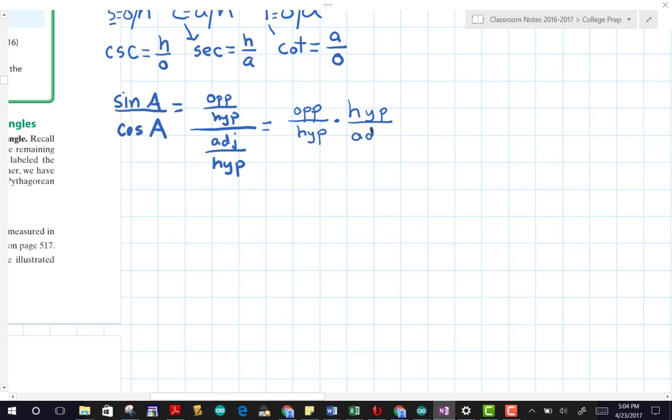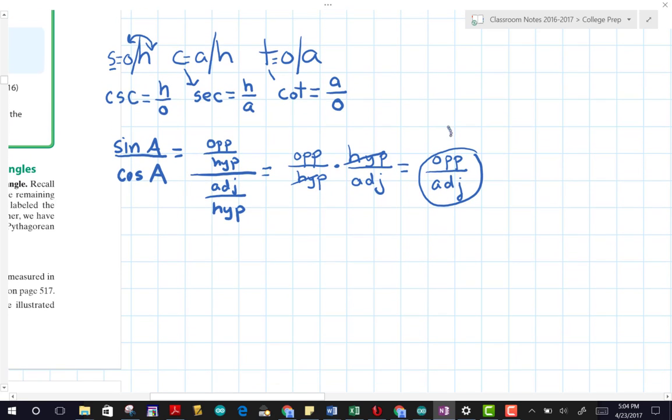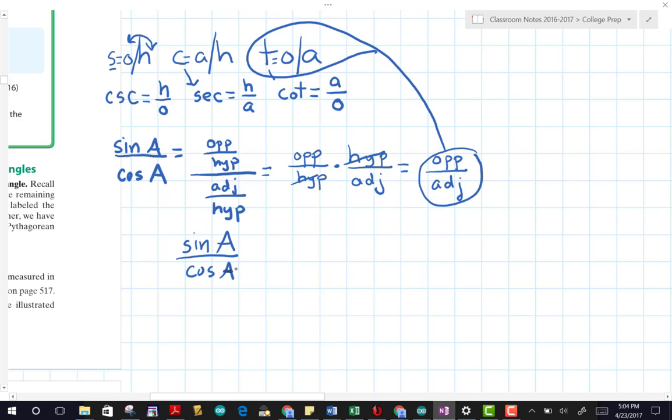The two hypotenuses cancel, and so we end up with opposite over adjacent, and you should recognize that as one of these guys up here, right? Opposite over adjacent is tangent. And so that gives us our first trig identity. And that identity says that the sine of angle A divided by the cosine of angle A is equal to the tangent of angle A.